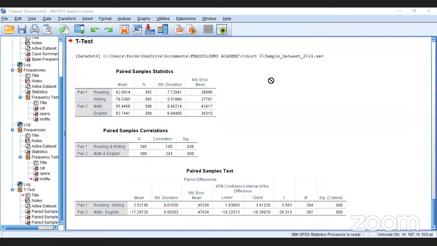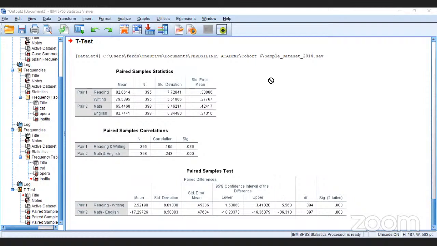However, for us to use it, we need to verify its assumptions. The first assumption is that our dependent variable must be continuous. Our independent variable must have 2 categories, which are the 2 levels of measures. The second is that there should not be significant outliers, and the third has to do with normality. Those are the key assumptions. Do you get that? So once we have tested our assumptions and we discover that the assumptions are all met, then we can use our paired sample test.